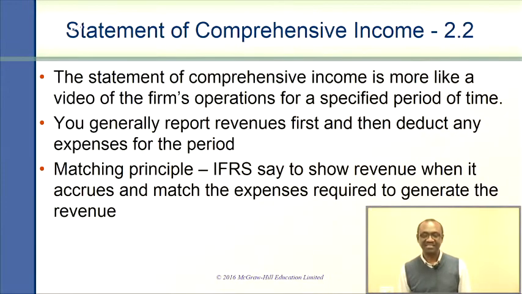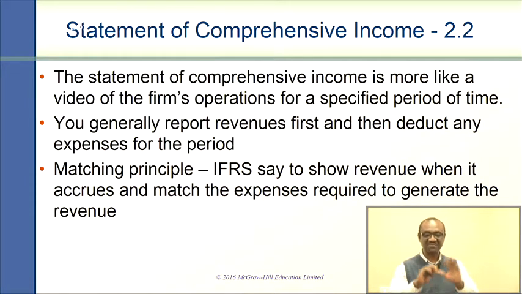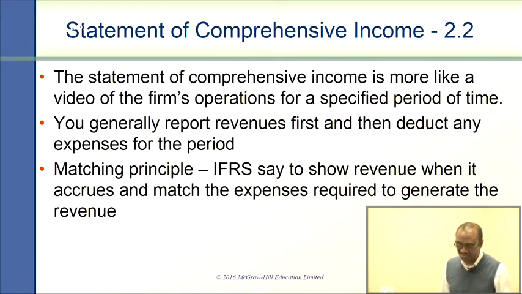So the next statement is the statement of comprehensive income. With this statement, it's more like a video of an organization operation for a specified period. And generally, it reports the revenue as the first, and also expenditure.